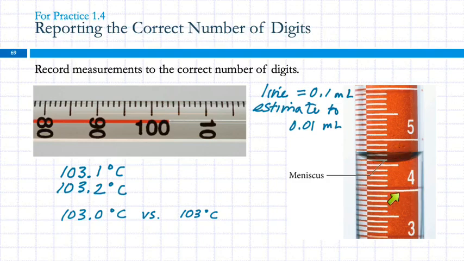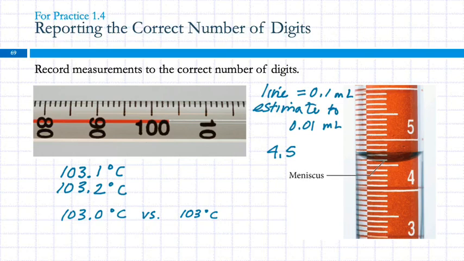It's between 4 and 5. There's the 4, and this is 0.5. So we've got 4.5. There is no uncertainty in the 5. It's a little bit above that, but it's definitely less than 6. It's 4.5 something. And then we're going to estimate that last digit.